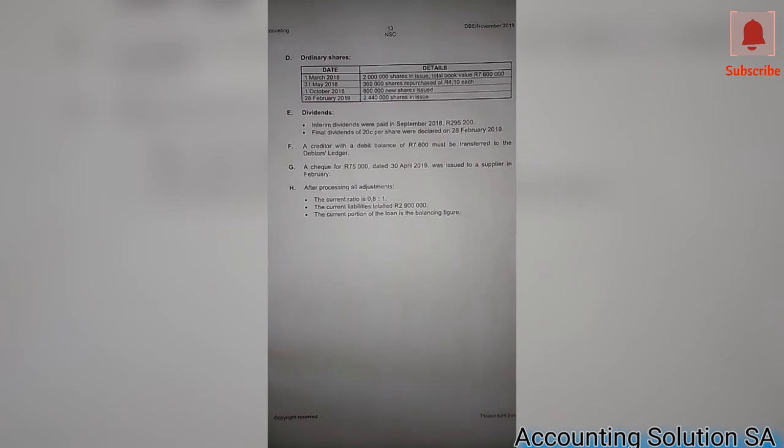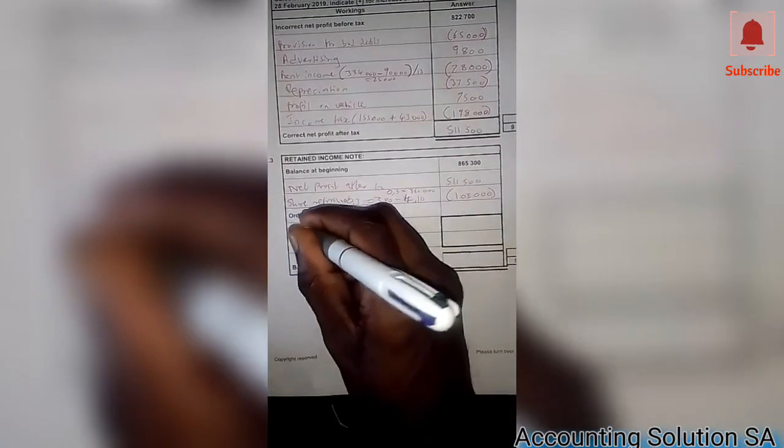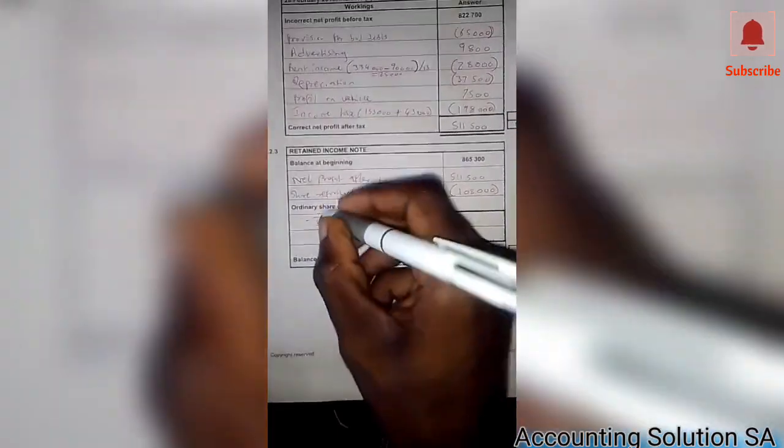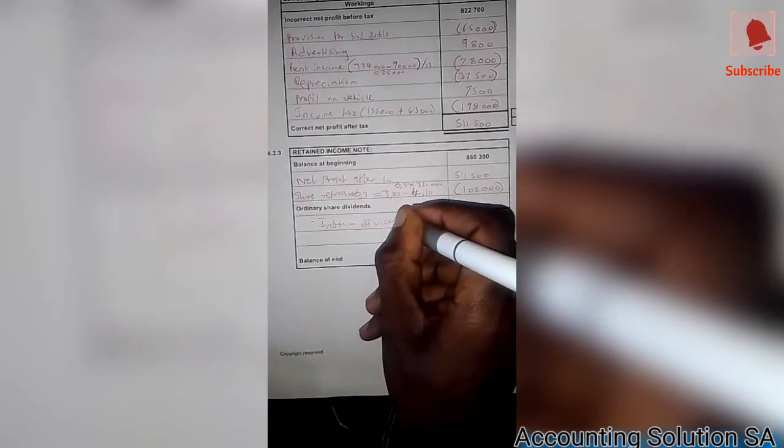Number E, the dividends. Interim dividends were paid in September 2018 of 295,200. Then the final dividends of 20 cents were declared on 28 February 2019. Okay. We have to start. Remember, we have to record all of them. Then we start with interim dividends.